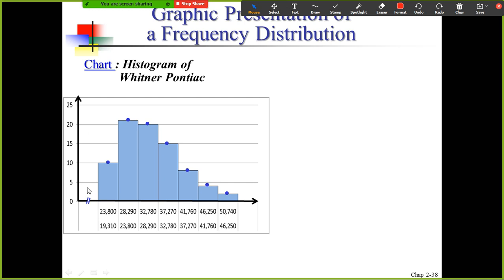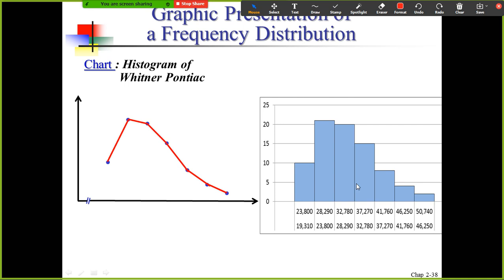So first you need to find the class midpoint. Then when you have the class midpoint for every class, just use line segments. Connect from class midpoint 1 to class midpoint 2, and then connect to class midpoint 3, and then class midpoint 4, and next, and next. This line connection we call a frequency polygon.